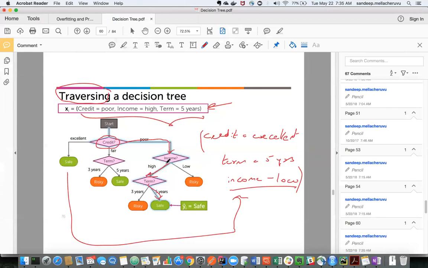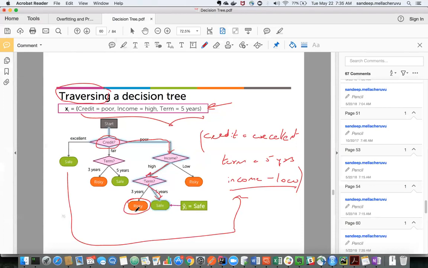And why did you not approve my loan even if income is high? Even if income is high, there is a chance that I can go into risky. So why did you not approve my loan when my income is high? This kind of a dispute might come. So what do you answer?